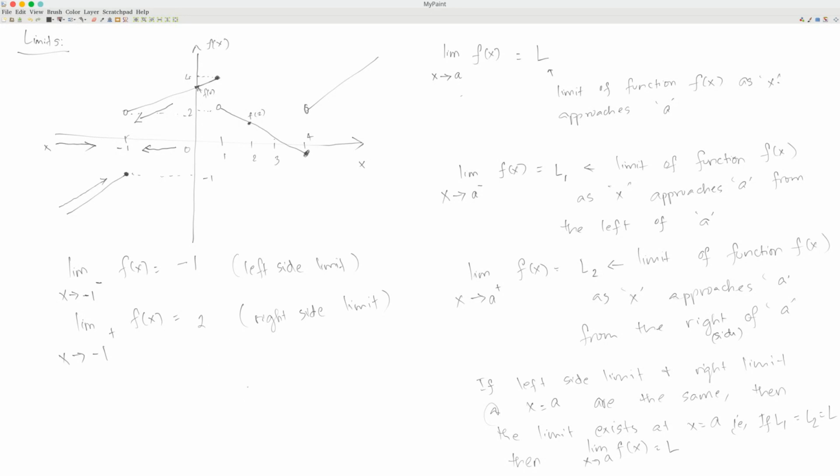Now, if you look at the example that we have here, the left side limit is -1, the right side limit is +2. Clearly, -1 does not equal +2, which would imply the limit does not exist, or DNE, at x equal to -1.